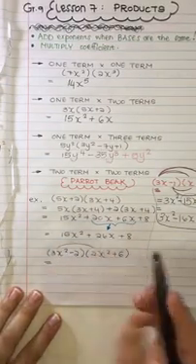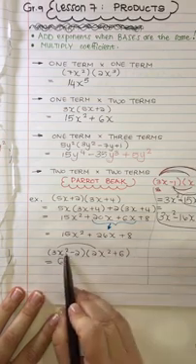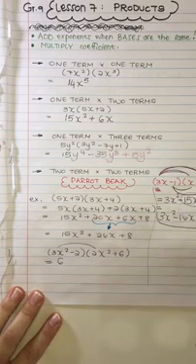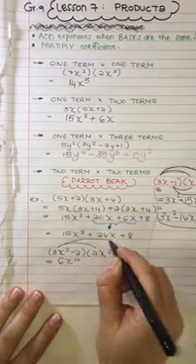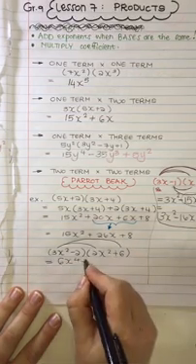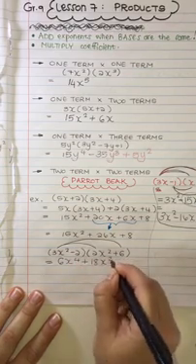So let's apply that with this example. We're going to do those two first: 3 times 2 is 6, and for x we add the exponents. Remember your rules: x to the power of 4. Then we do that one with the 6, so 3 times 6 is 18. Don't forget the x squared.